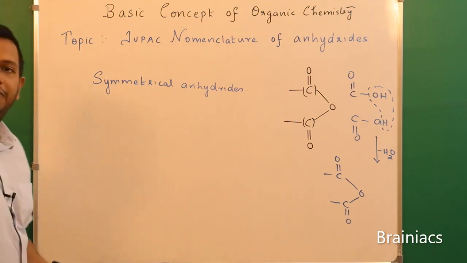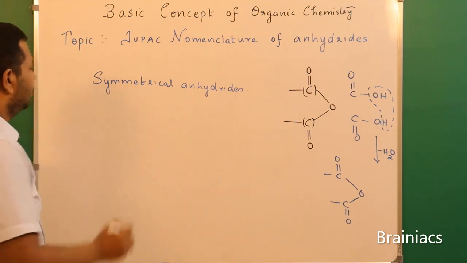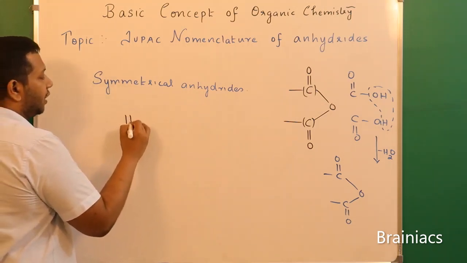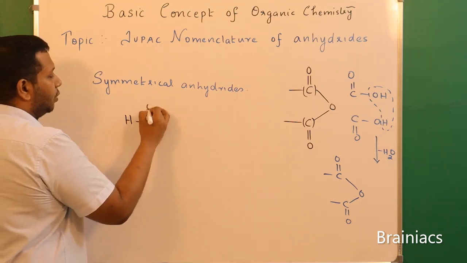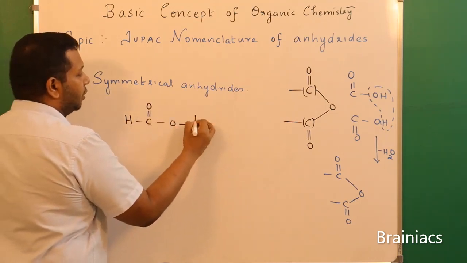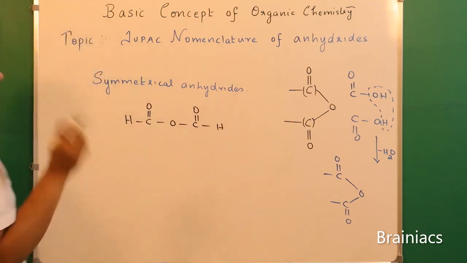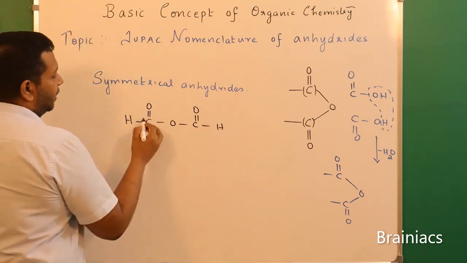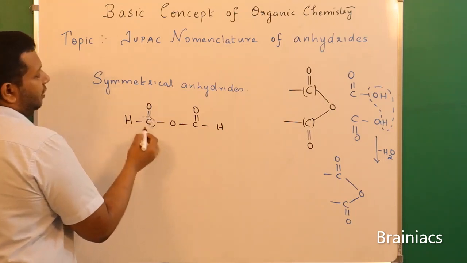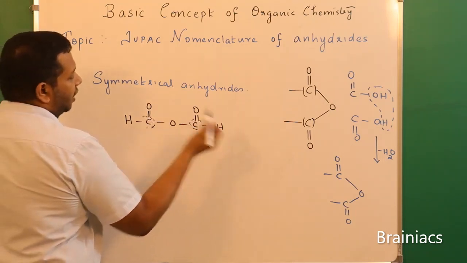Let's see some examples from symmetrical anhydride. Maybe I will start with this one: H, C double bond O, O, C double bond O, H. How will you name this compound? The basic way is to identify the number of carbon atoms. Here you can see one carbon atom here and another one carbon atom here.